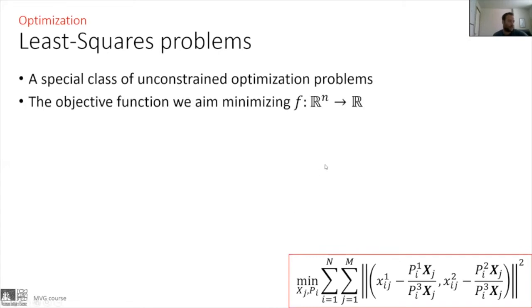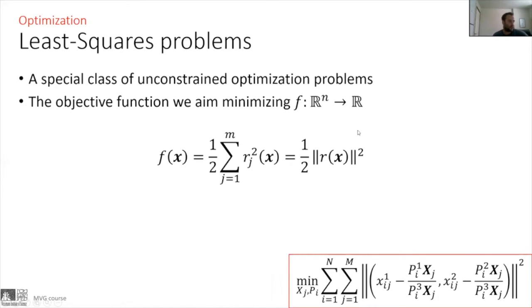And what exactly is a least square problem? It is a special case of unconstrained optimization, where our objective function is of the form of a sum of residuals, right? And we can write it equivalently as a composition of a function from Rn to Rm and a function from Rm to R. The last function that we compose is just the norm, right?